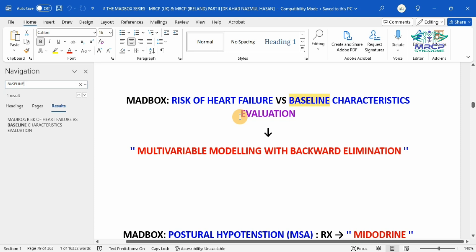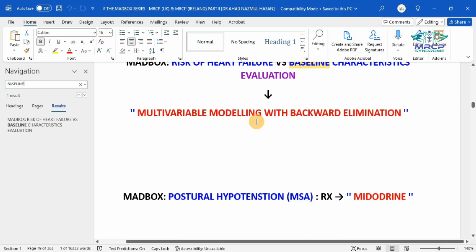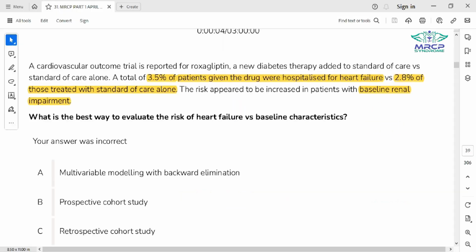For the best way for evaluation of a risk of heart failure against the baseline characteristic, we'll be going for the multivariable modeling with the background elimination.